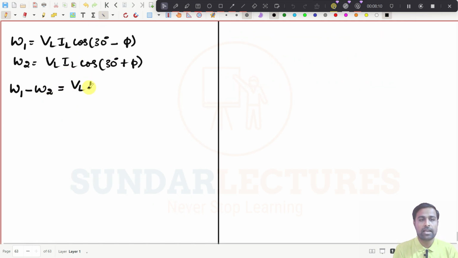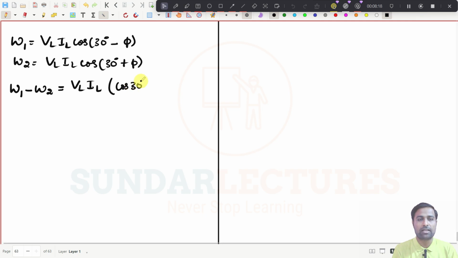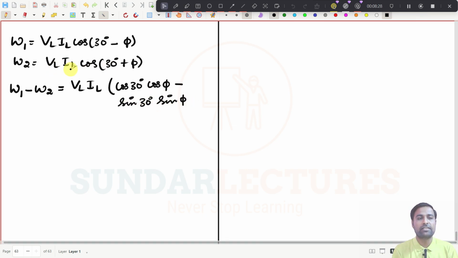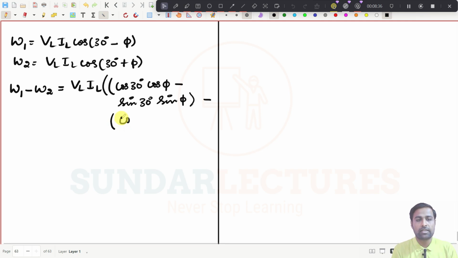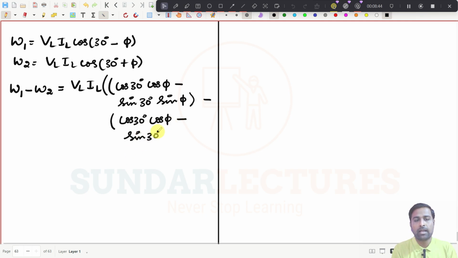So it will be VL into IL, and then if you subtract, the first term is cos 30 degree cos phi minus sin 30 degree sin phi, right? And then it is a minus here, so you will get minus of cos 30 degree cos phi plus sin 30 degree sin phi. You will get like this.